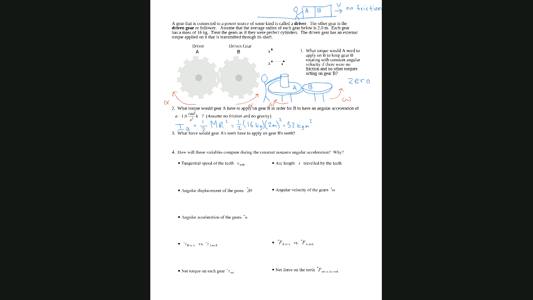Now I can use Newton's second law for rotation, which says the net torque on B will equal the moment of inertia of B times the alpha of B. Now that I have the moment of inertia of B, I can plug that in and plug in the desired angular acceleration.